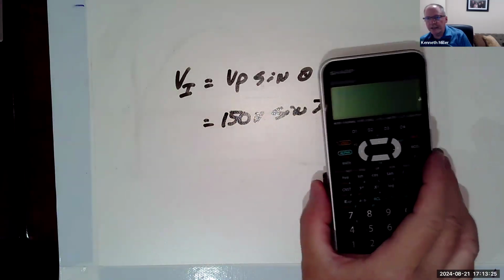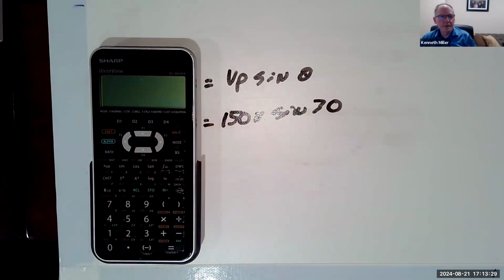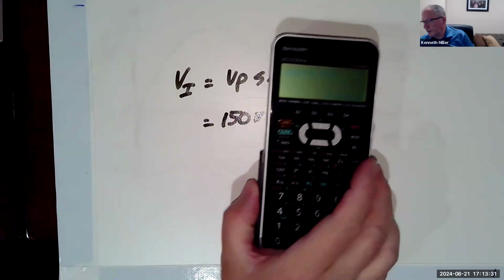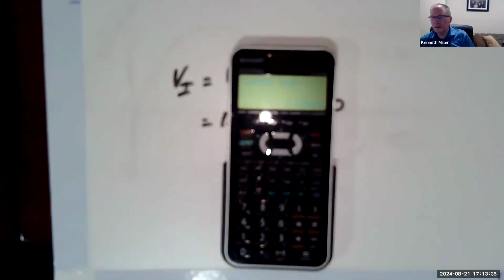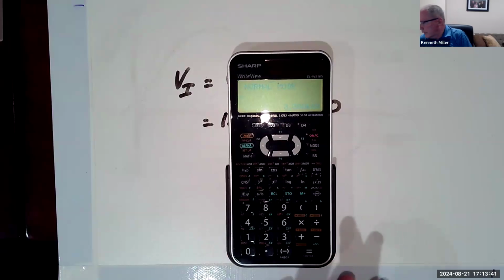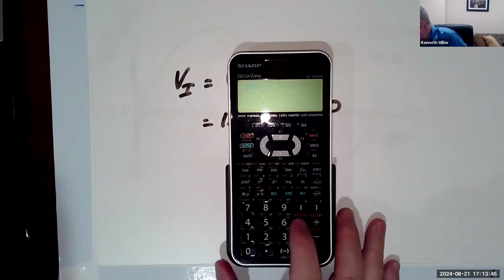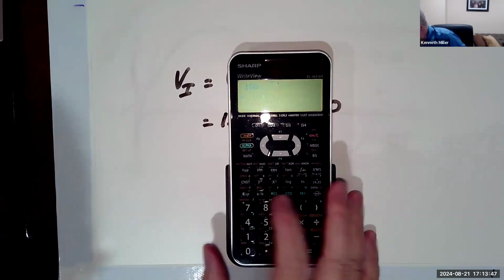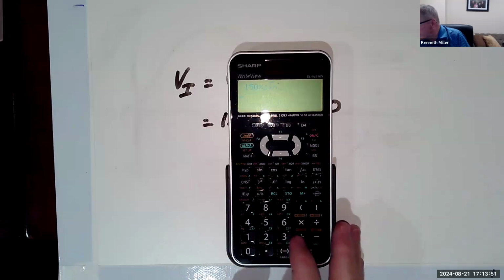So if we look at our calculator here, let me get it where I can see it. And focus, there we go. So it's going to be 150 times, and then you just hit the sine of 30 degrees.